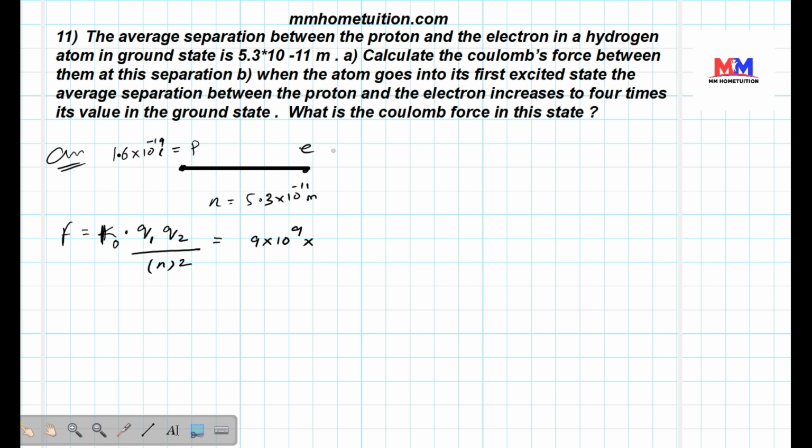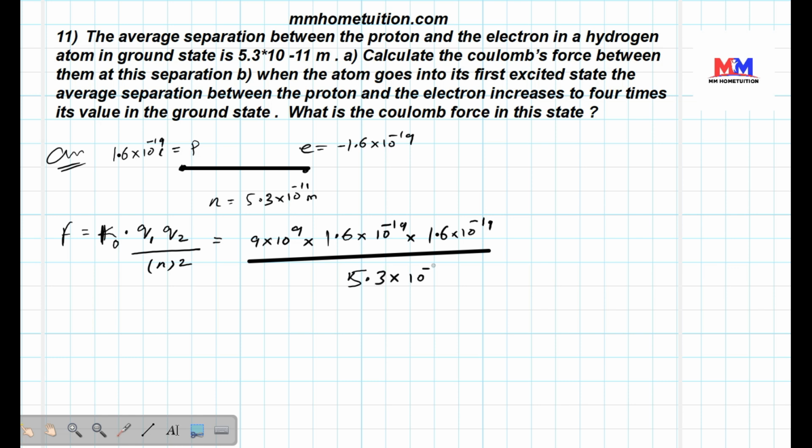So 9 into 10 to the power 9, into 1.6 into 10 to the power minus 19, into 1.6 into 10 to the power minus 19, divided by R square. R square is 5.3 into 10 to the power minus 11 whole square.